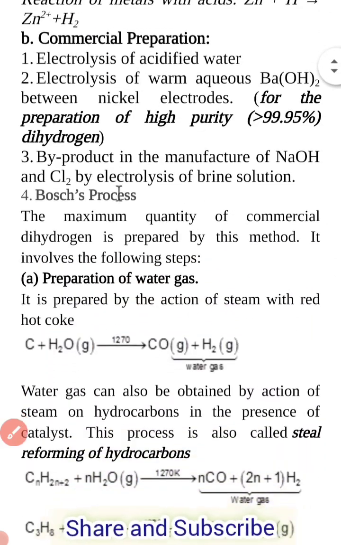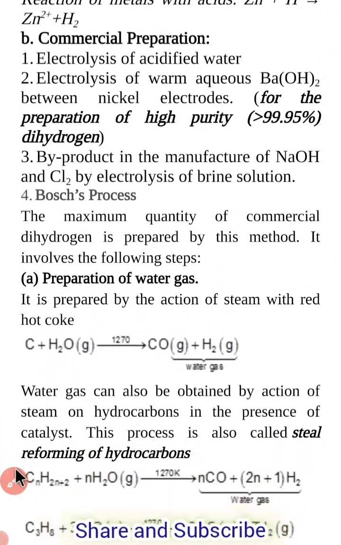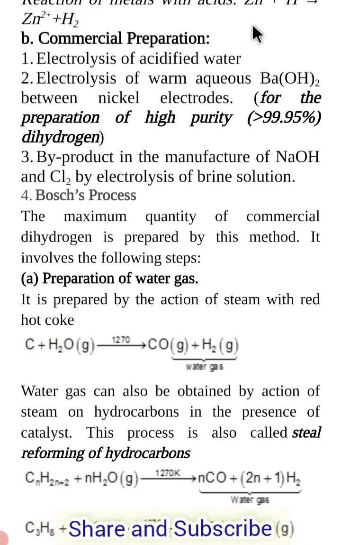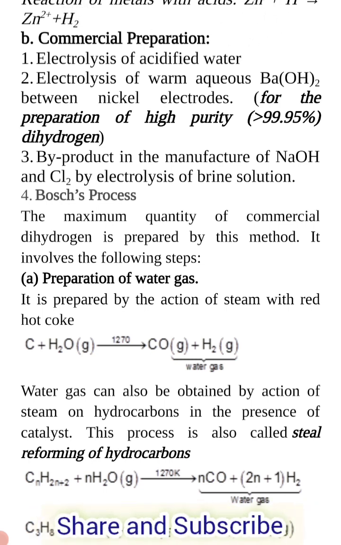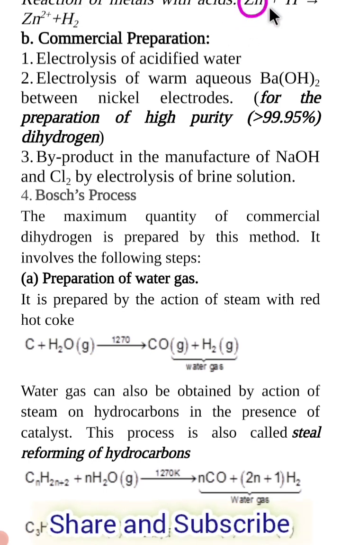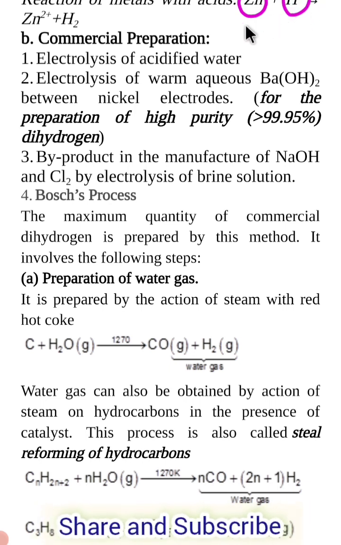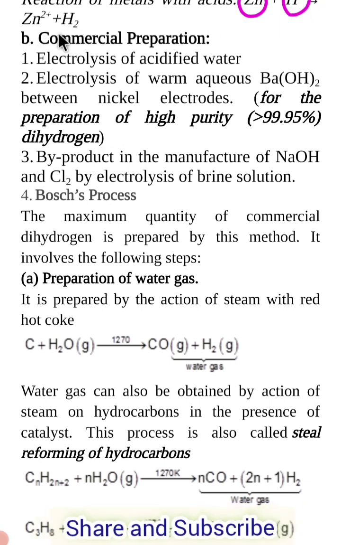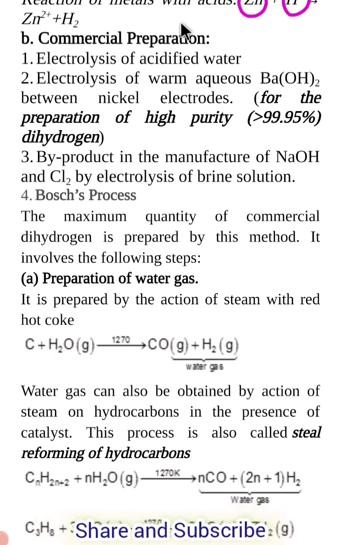Okay, next topic is dihydrogen, meaning H2. In the laboratory preparation of H2, hydrogen is prepared by reacting a reactive metal with an acid. H plus from the acid forms hydrogen gas. Let me write one full example.